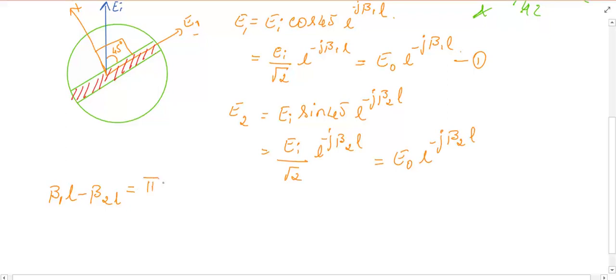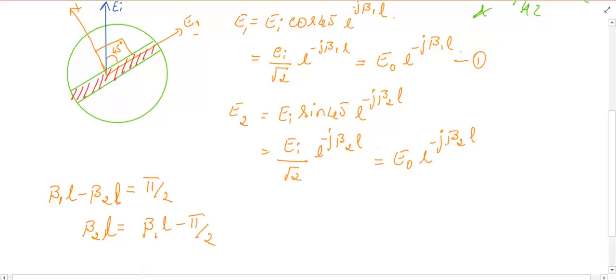That means I have to represent beta 2 L in terms of beta 1 L. So can I write beta 2 L is equal to beta 1 L minus pi by 2.